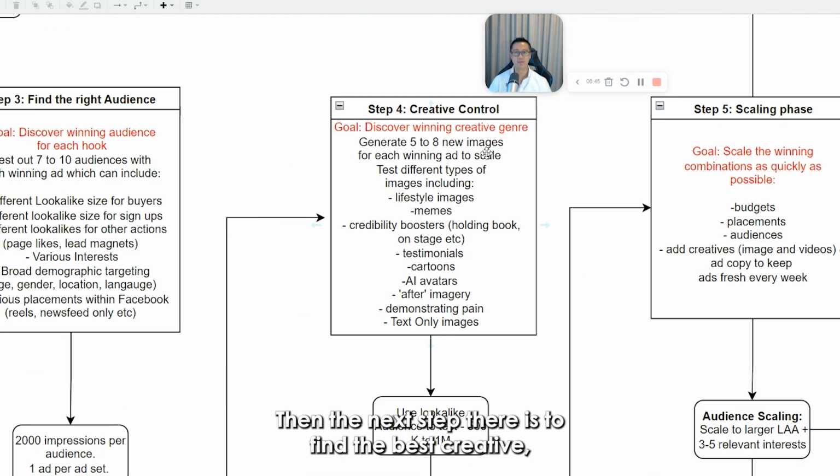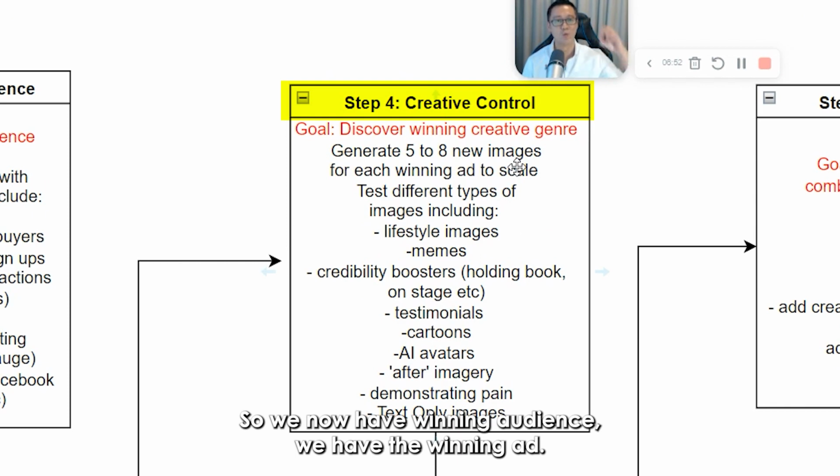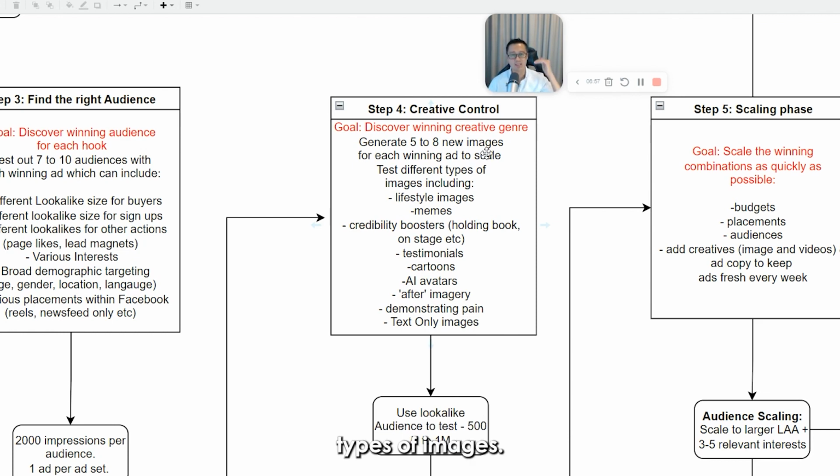Then the next step is to find the best creative, okay? So we now have the winning audience and the winning ad. Now we want to test different types of images.